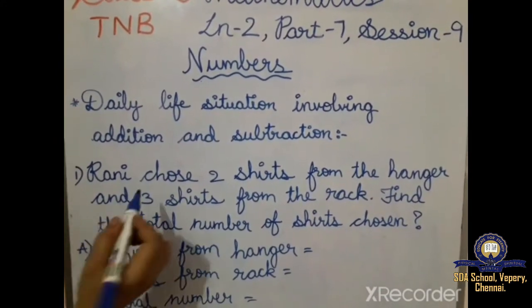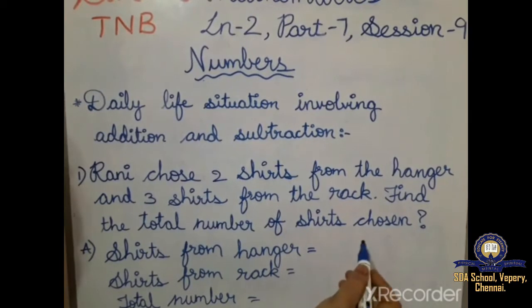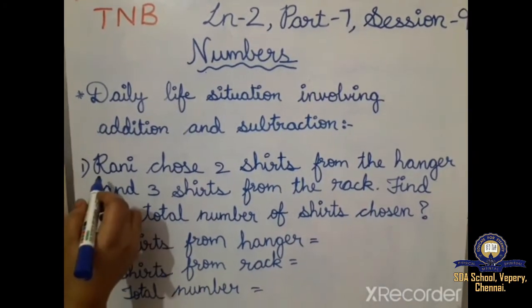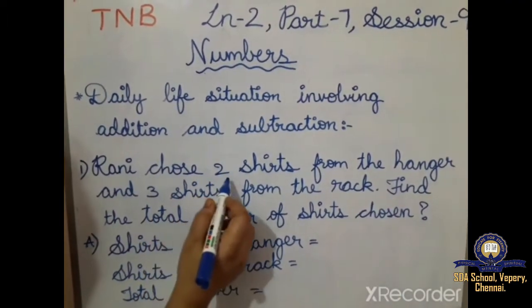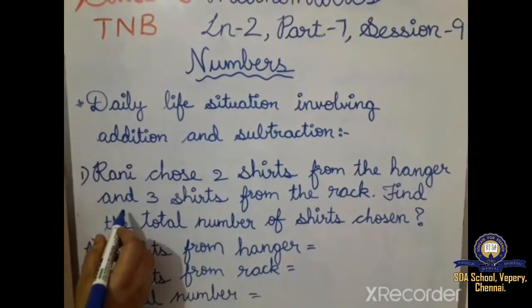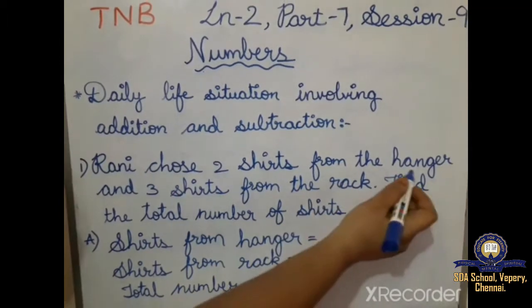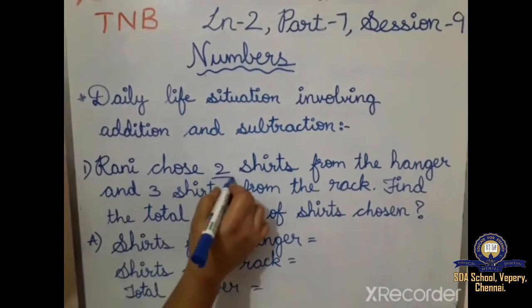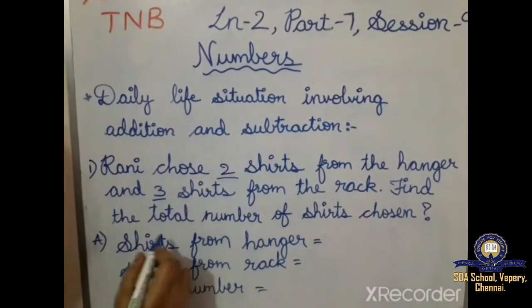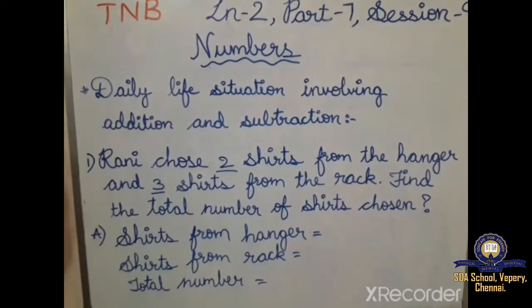And this is the homework I gave last week: Rani chose 2 shirts from the hanger and 3 shirts from the rack. Find the total number of shirts chosen by her.